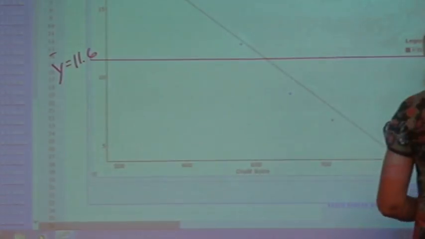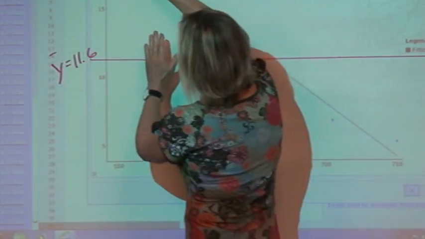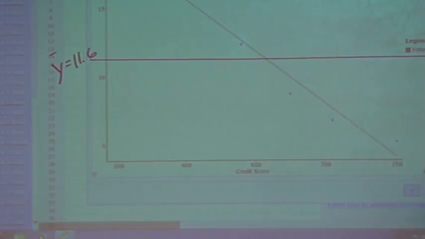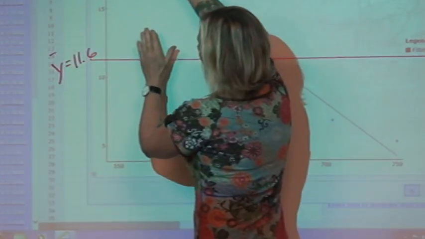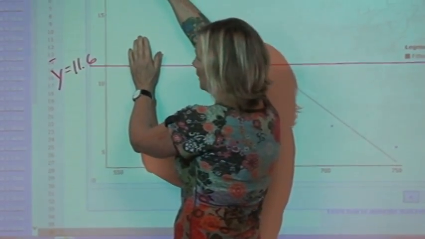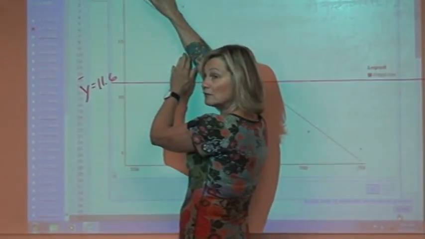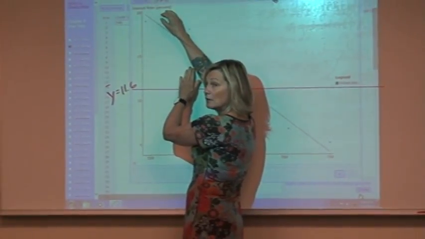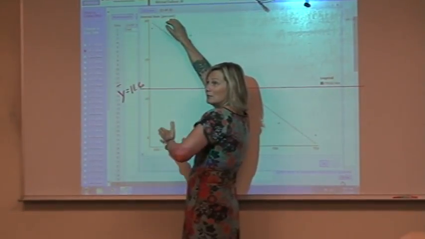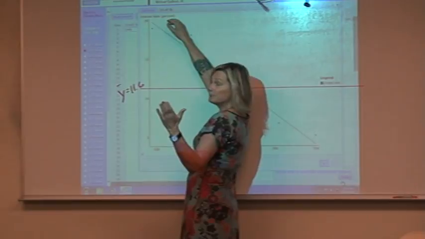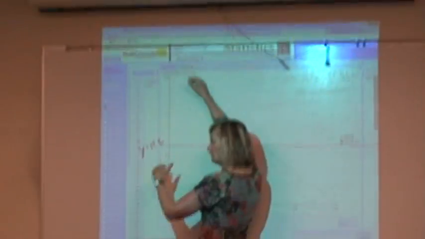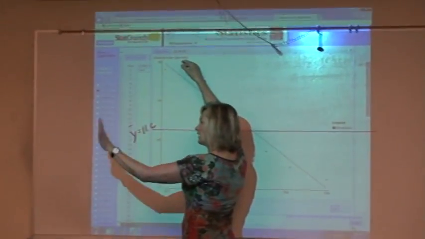Okay, so let's say that the only thing that we've collected are these interest rates. And we would say, what's the average interest rate? What interest rate can I get? Well, on average, you can get 11.6. We want to do better than to tell someone, on average, you can get 11.6.